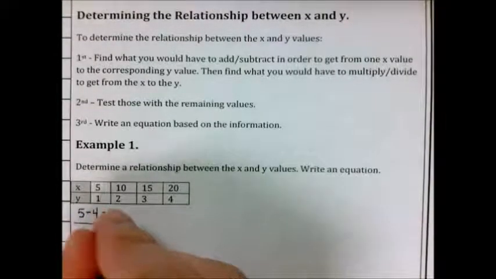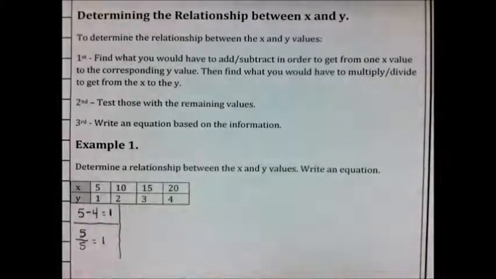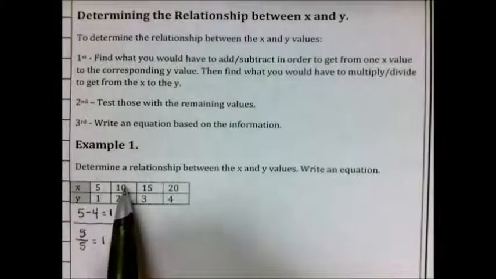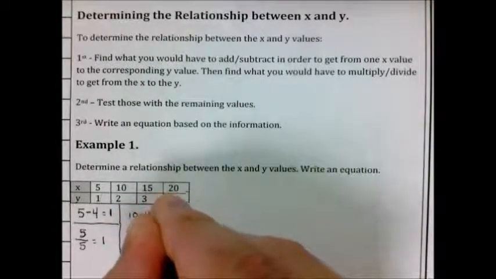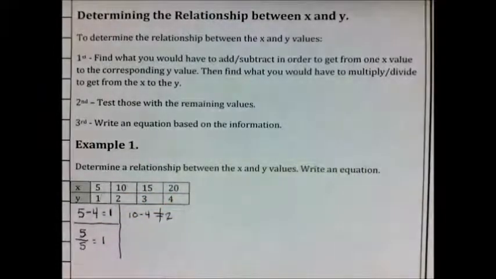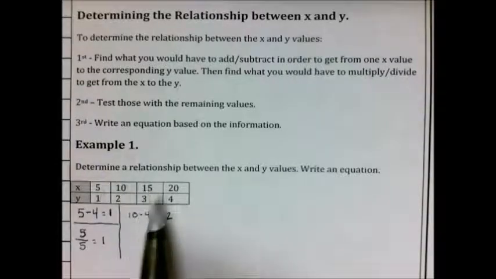So we're going to see which one of those works. One of them should work, one of them shouldn't. Let's check our next value. If we were to subtract 4 from x, 10 minus 4 does not equal 2. So we can already see that this whole add or subtract part is not going to work. Subtracting 4 to get every y value isn't going to work.